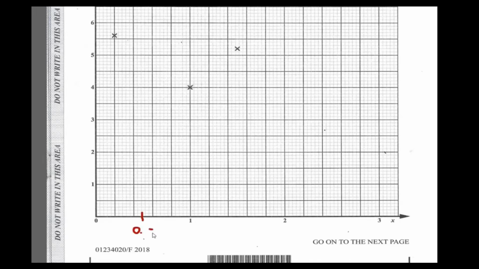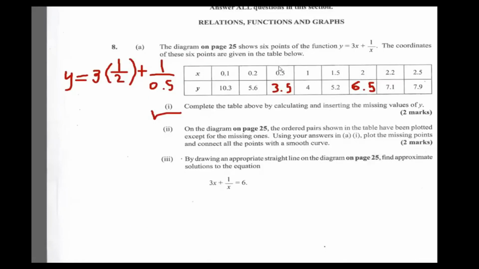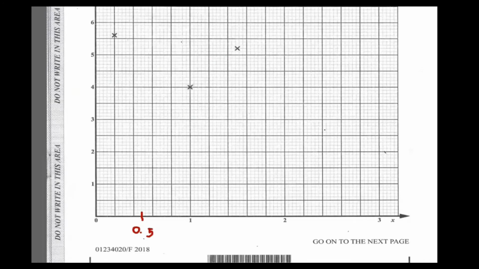This would be x being 0.5, and y is 3.5. So we're going to plot 3.5, this is 3, this is 3.5. So that's right here. Just follow the pattern and put an x. So this is 3.5 right here.